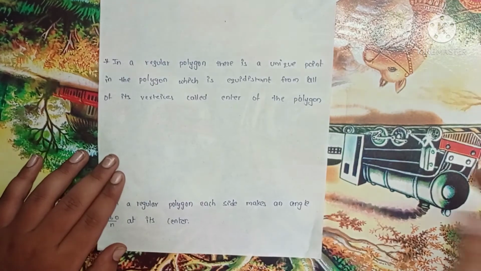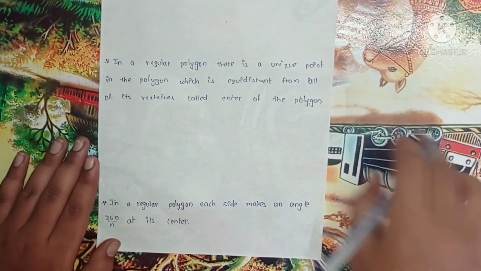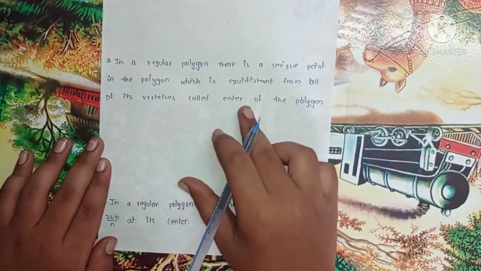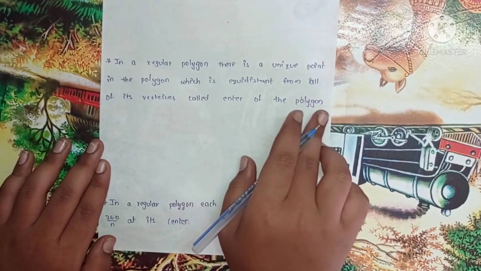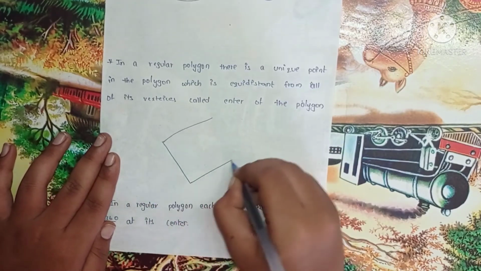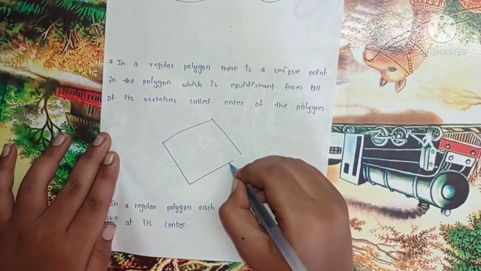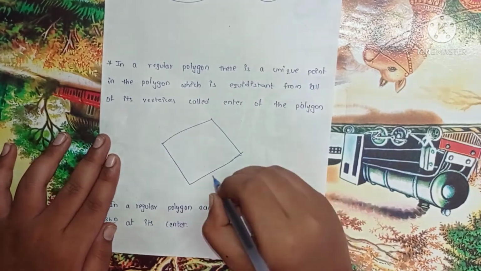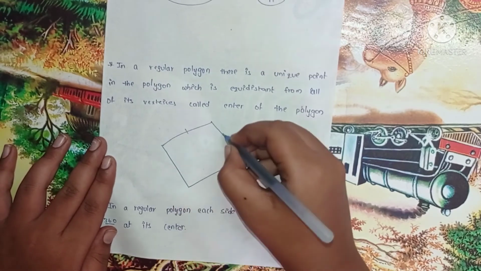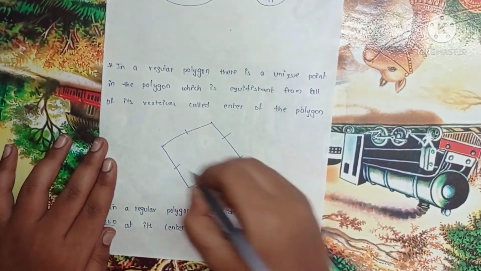And next, in a regular polygon there is a unique point in the polygon which is equidistant from all of the vertices and is called the center of the polygon. If we take a polygon, I am taking a four-sided polygon, and this is a regular polygon. It is possible only when it is a regular polygon.